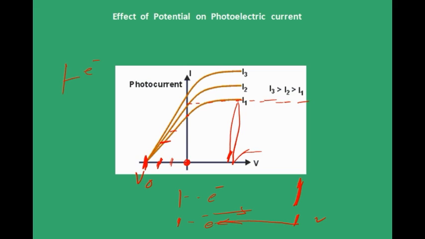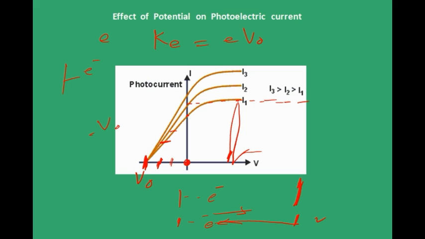At this point, it means that even the electron having the maximum kinetic energy of all the electrons emitted is not able to reach the other plate when the potential difference is minus V0. So what does it mean? The maximum kinetic energy that an electron can have by this emission should be equal to eV0, right?